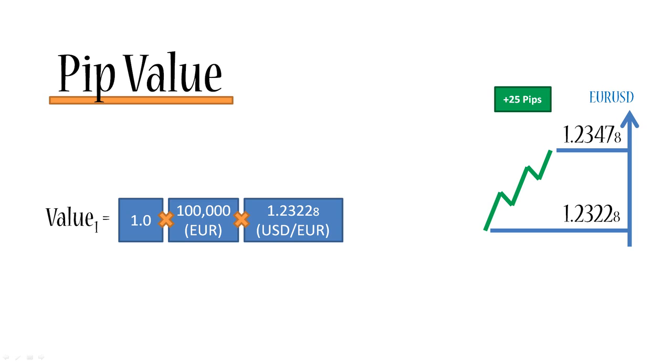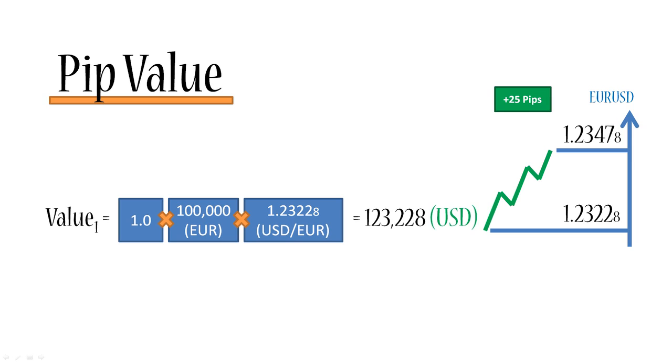So if we replace those, that'll be one lot. We'll look at an example where we bought one lot. So one lot times 100,000 euros times 1.23228 dollars per euro. And that gives us $123,228.